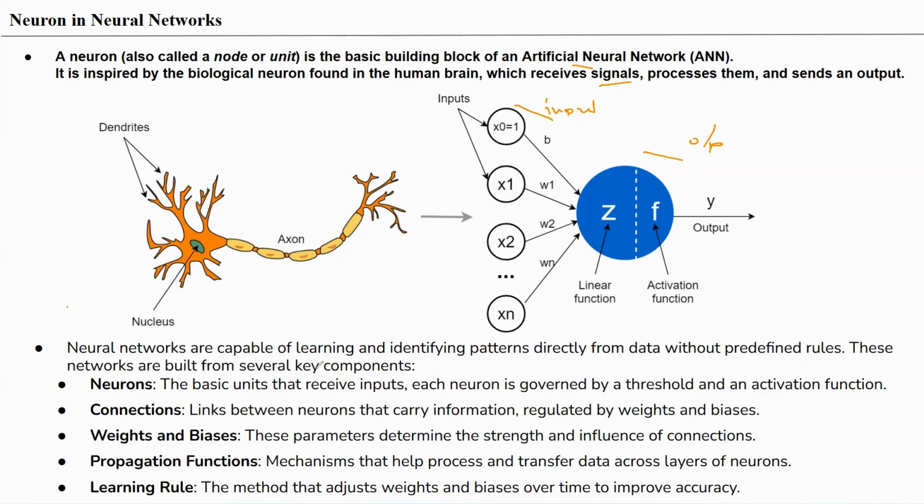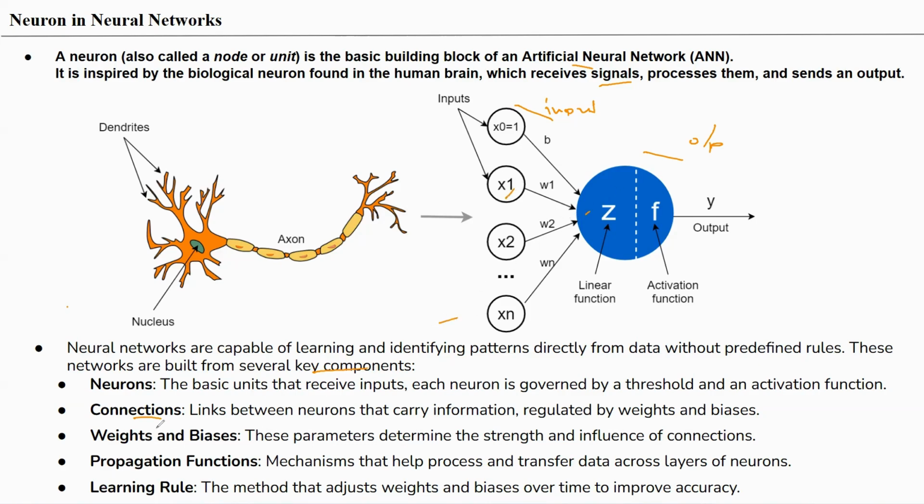Coming to the key components, we can start with connections. Connections are the links between neurons that carry information regulated by weights and bias. You can assume the connections or links to be wires that carry information or messages from one neuron to another.